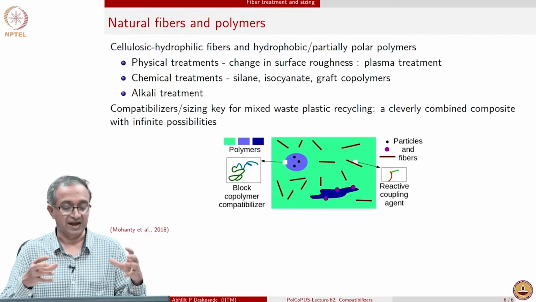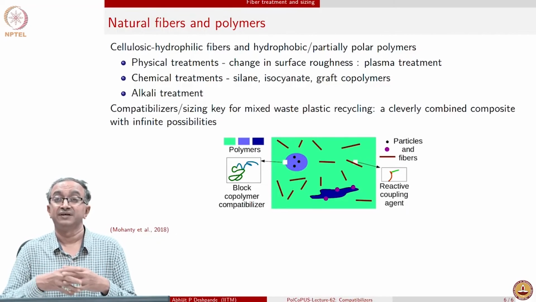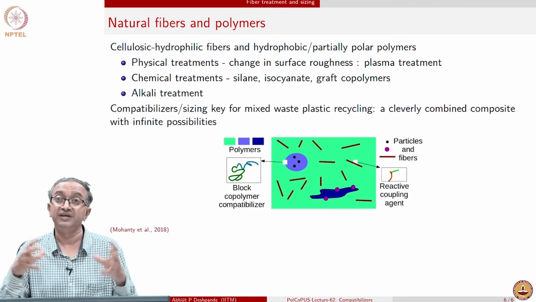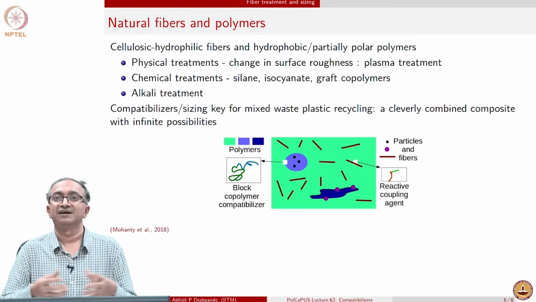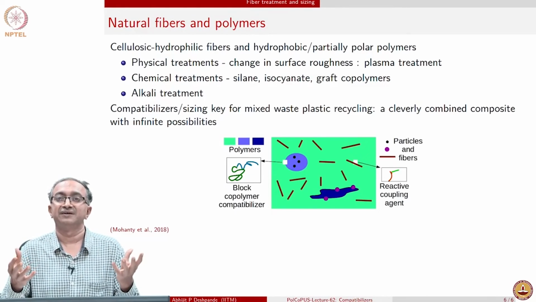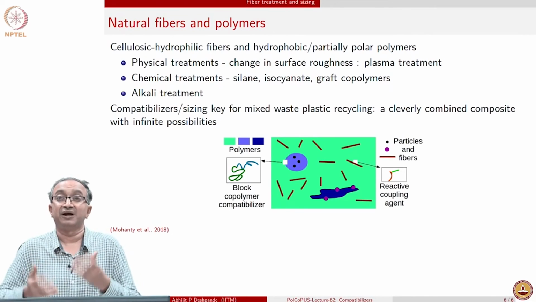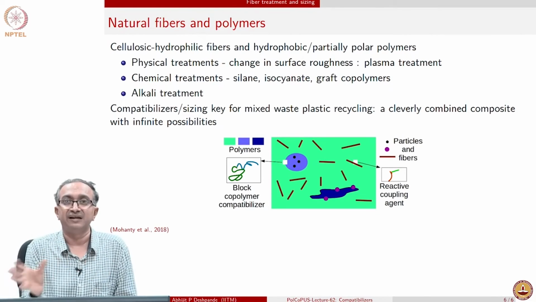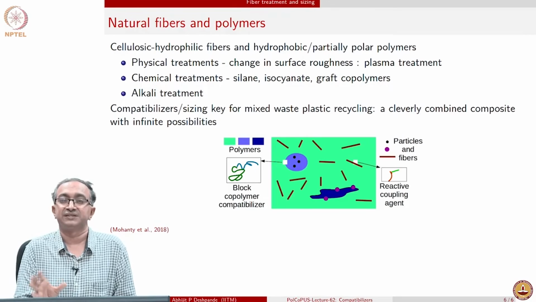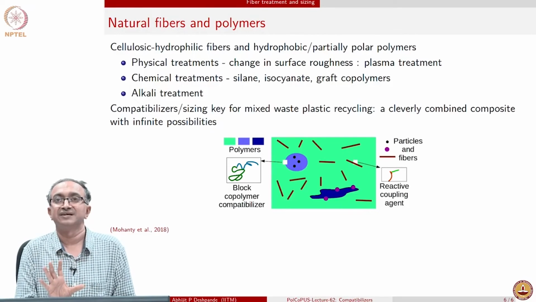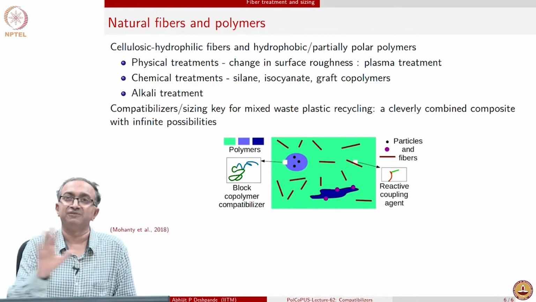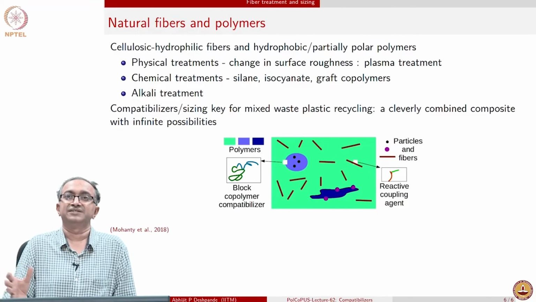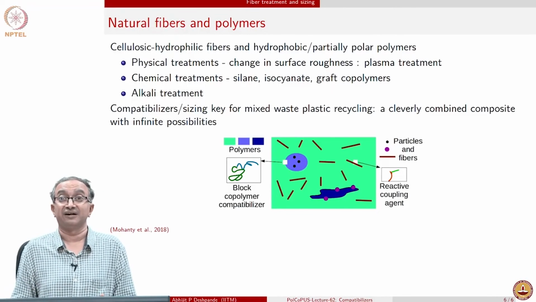So, by adding suitable compatibilizers and suitable reinforcement, can we devise a composite system, and can this be done on a demand basis? Can we start tailoring the amounts of each of these, tailoring the compatibilizers, and then, for any given plastic waste, devise a very good material which is recycled material?